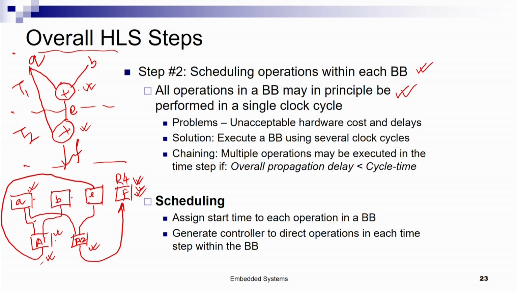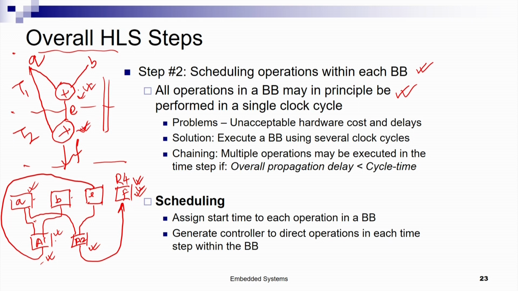Okay. So, we are limited by the delays of the resources, but we do not have any constraints on time because we do not have any resource constraints. However, if we have this sort of a design in which we are reusing this adder, we cannot do it in a single time step. Why?